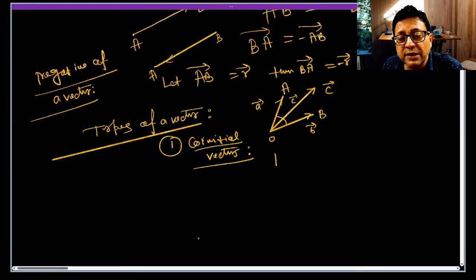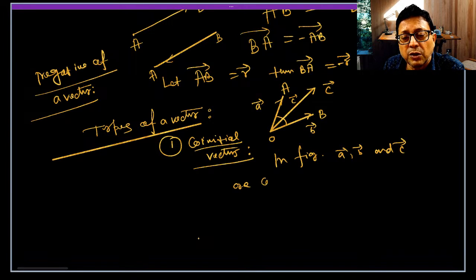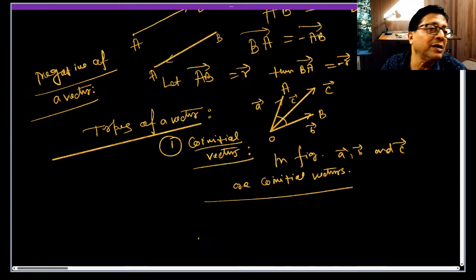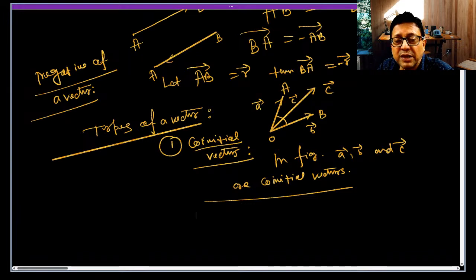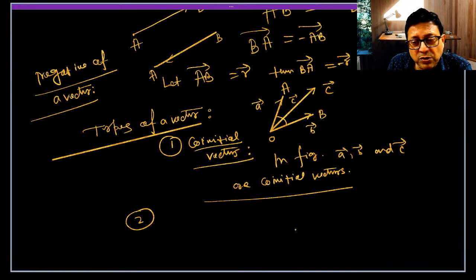So these three vectors A, B and C are co-initial vectors because they have the same starting point. That's why they are called co-initial vectors. Then vectors can be parallel also.